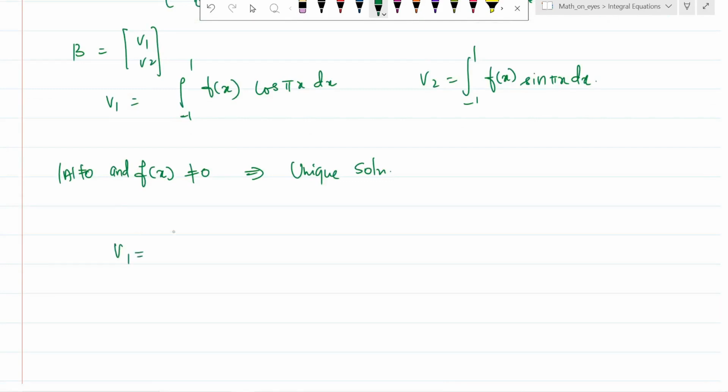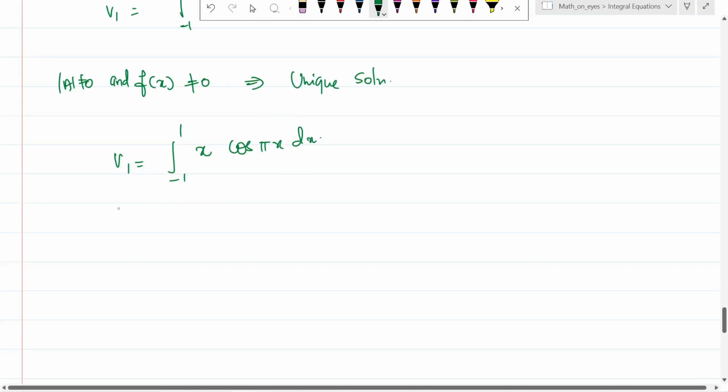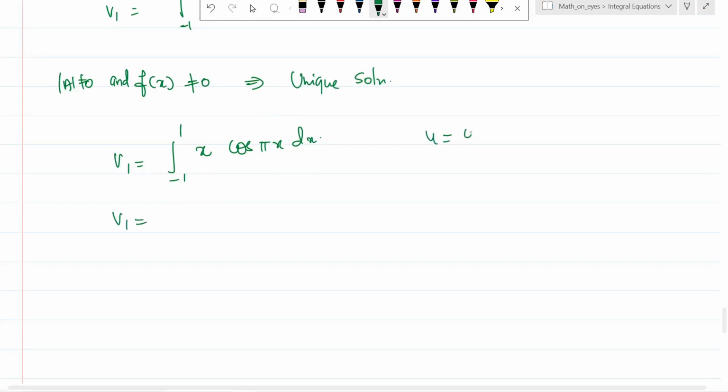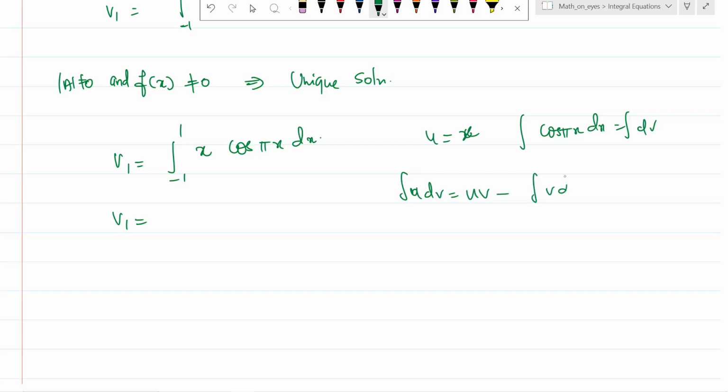So V1 is equal to integral from minus 1 to 1. What is our f of x here? x is given, so x cos pi x dx. By integrating by the uv rule, we get V1: take u equal to x and dv equal to cos pi x dx, and don't apply the limit here. So we get uv minus integral v du.